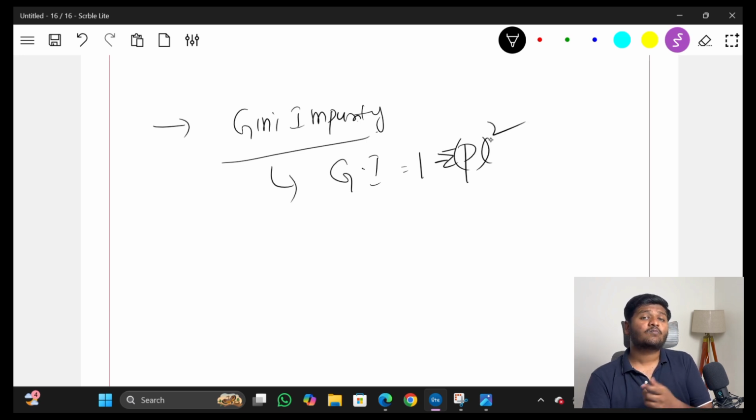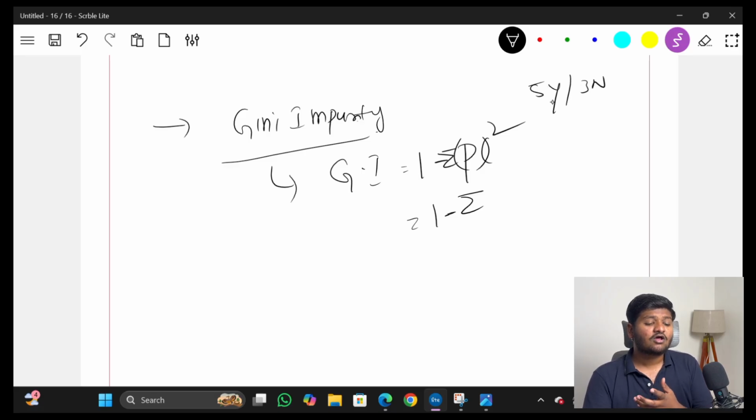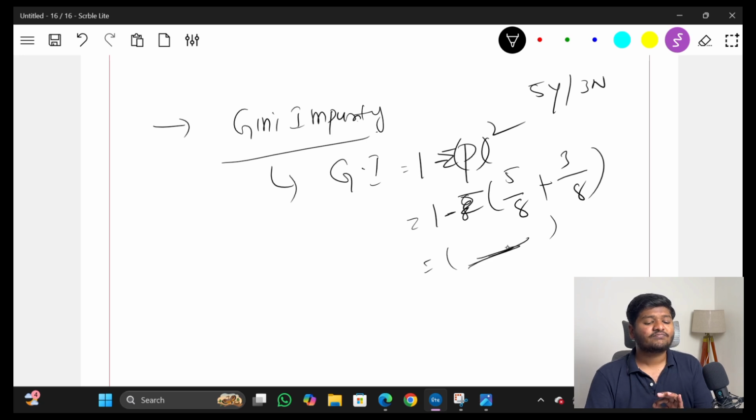The probabilities are for yes and no. Assume I have 5 yes and 3 no's, 5 plus 3 is 8. The probability of yes would be 5 by 8, and the summation with 3 by 8. If I do this, I'll get some answer. So this is also taken as the measure of purity and impurity.